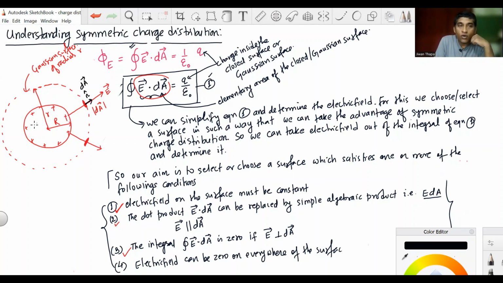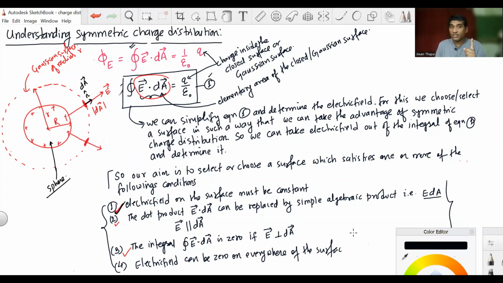Now, for this sphere having uniform distribution of charge, at each point on this Gaussian surface, electric field is constant.